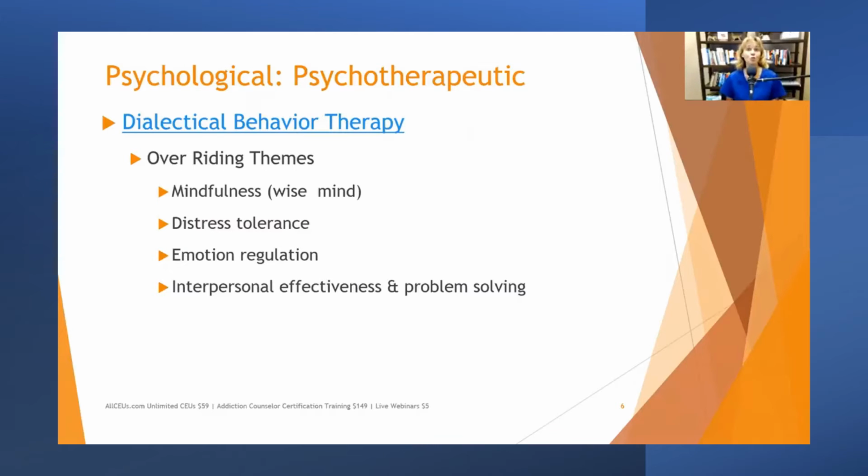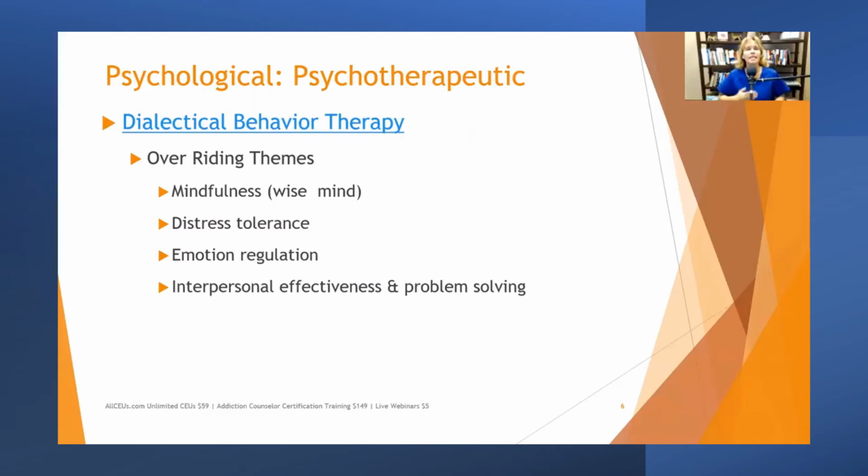It teaches emotion regulation so people learn how to dampen some of those surges a little bit by living healthier, getting enough sleep, getting proper nutrition, having positive social supports, etc. And finally, it teaches interpersonal effectiveness and problem solving, recognizing that a lot of people who have emotional dysregulation, who have emotional upheaval, have pushed away or overwhelmed people or felt like they have been abandoned by other people in the past.